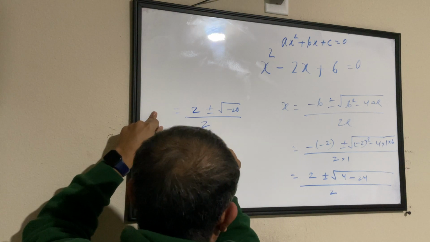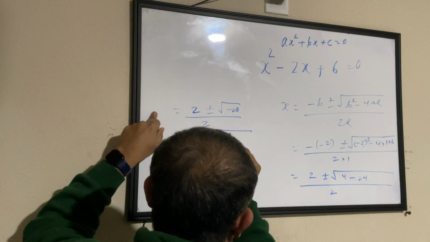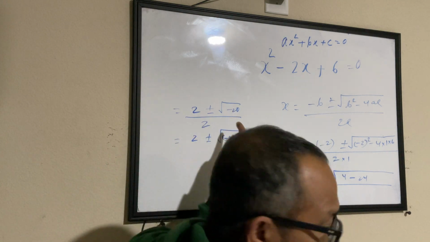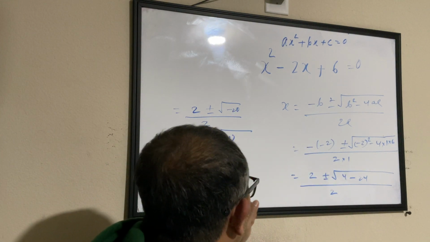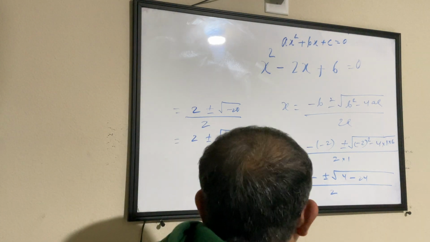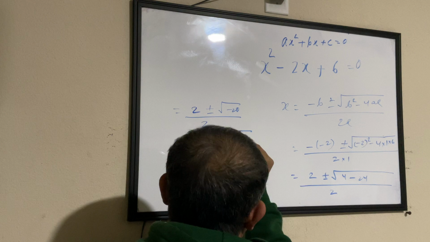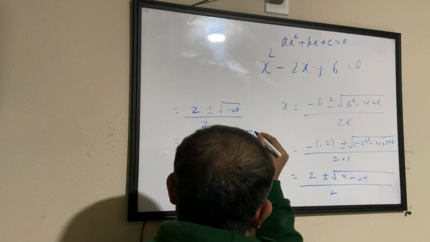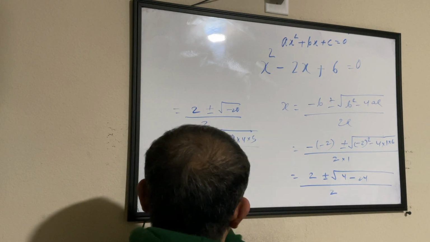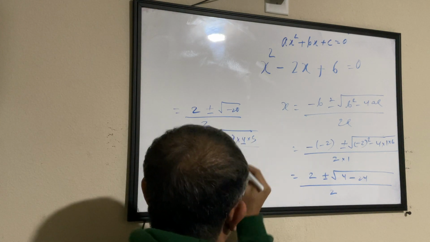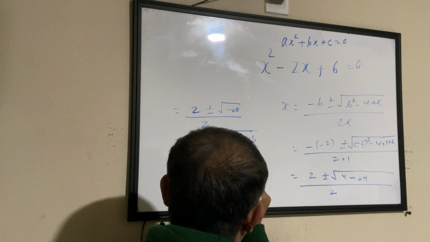So 2 plus minus square root of minus 20. I can take out the minus 1 because I know it says minus under the square root, that means I have to deal with complex numbers. So I will make this minus 1 separate, 4 separate and 5 separate, by 2. This becomes 2 plus minus, square root of 4 gives me a 2, I will take 2 out.